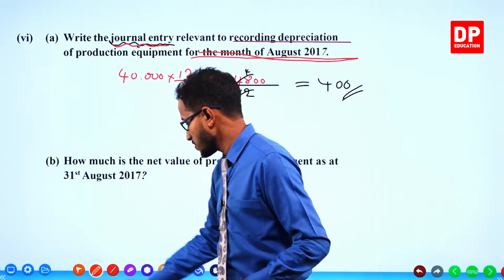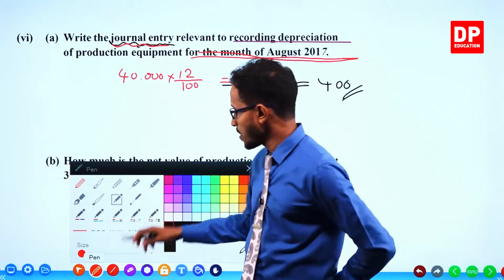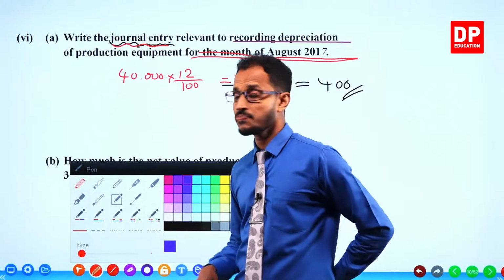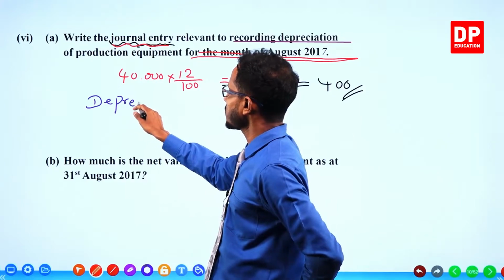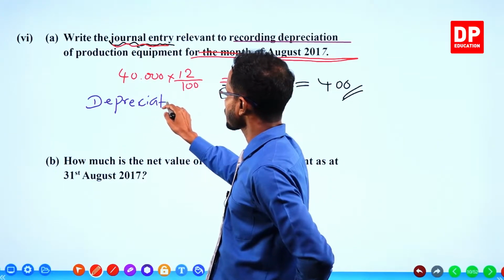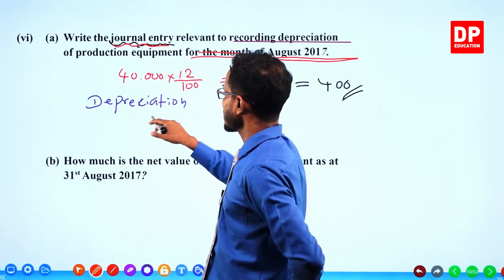It's sad if you don't remember the double entries, huh? Double entry is depreciation account, because it is considered as an expense.